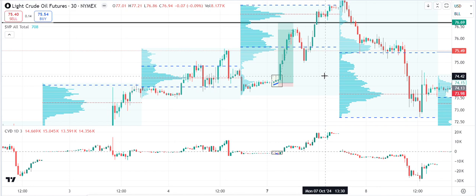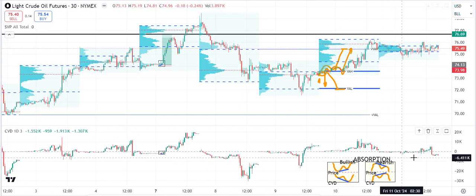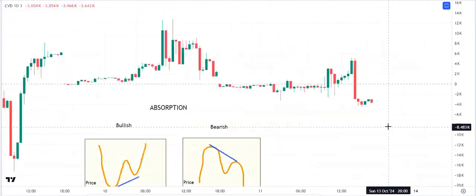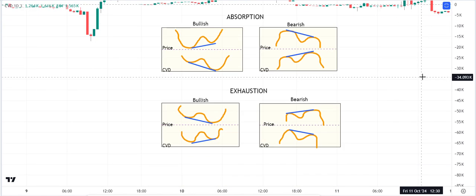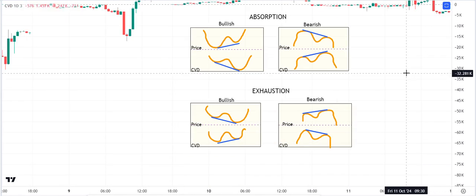But yeah, that's how we use this. Cumulative volume delta. That's how I use it. There's some stuff that I'm not going to go into. It's a bit more complicated. Let me just say what it is.